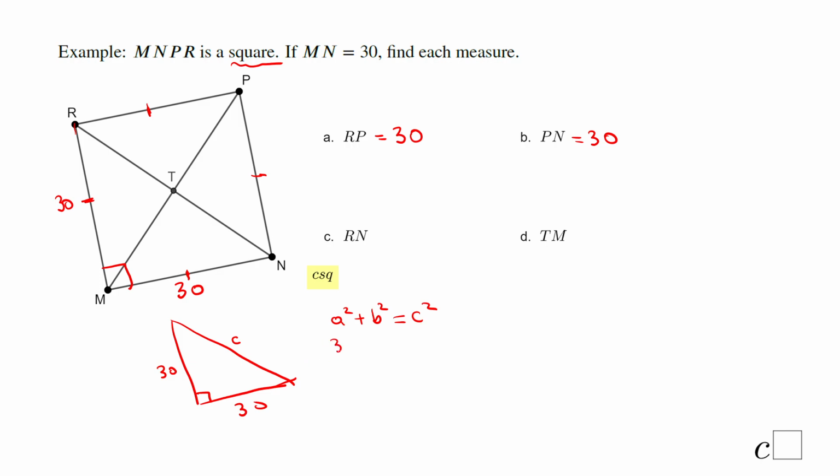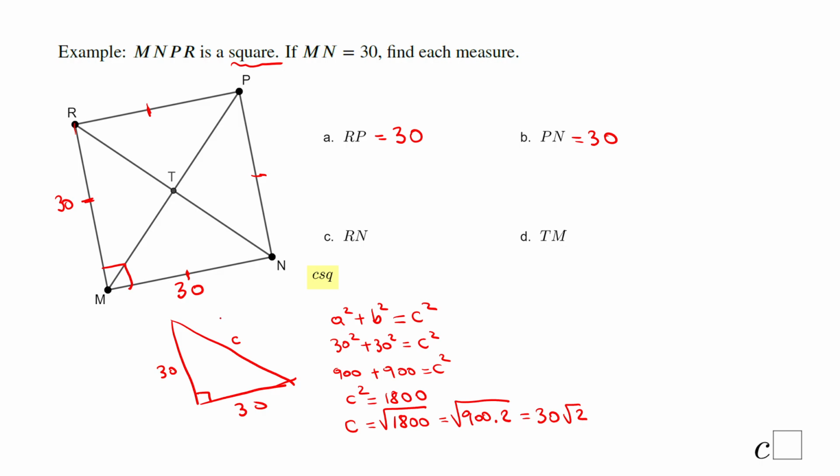So we have here 30 squared plus 30 squared equals C squared, and 30 squared is 900. Another 900, that will be C squared, and that means C squared is 1800. And C will be the square root of 1800, which can be simplified, right? That will be 900 times 2, and that will be 30 square root of 2. So that is the C, which is RN.